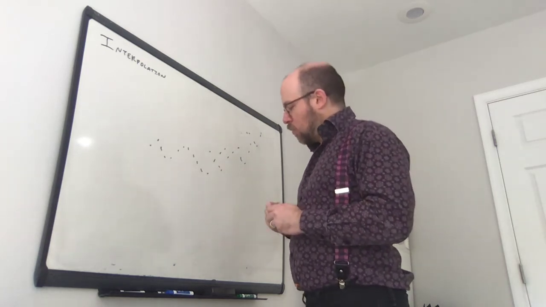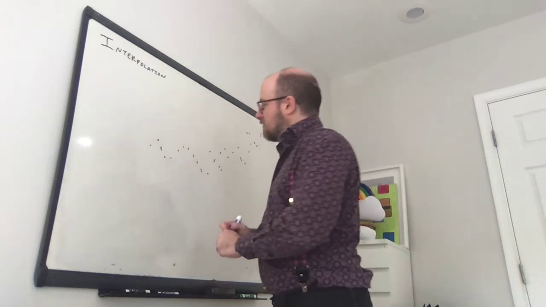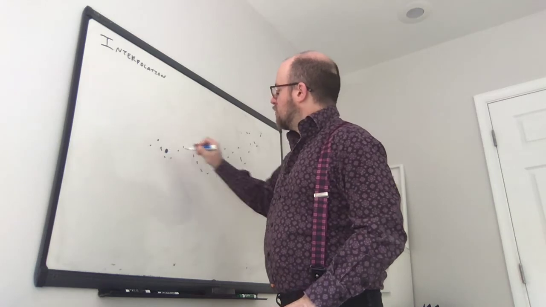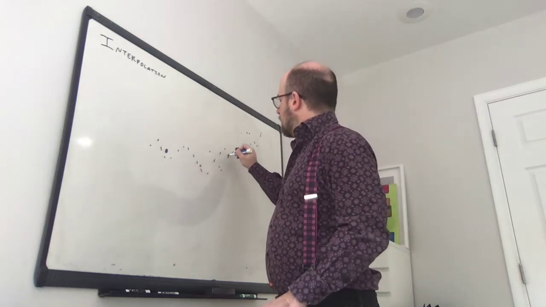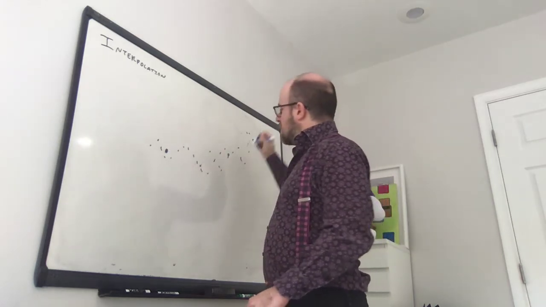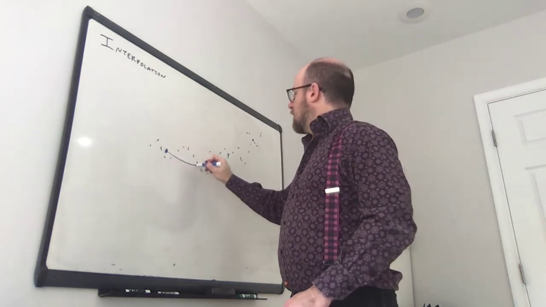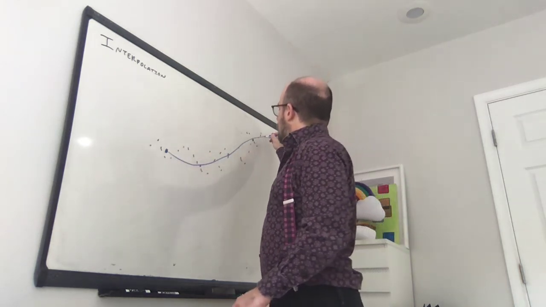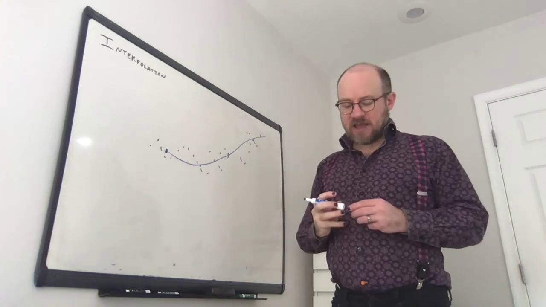But what you might want to do is find something that goes through kind of the main pieces of it and has the main features. Okay? So if you were looking for maybe like this curve, that kind of follows your data.